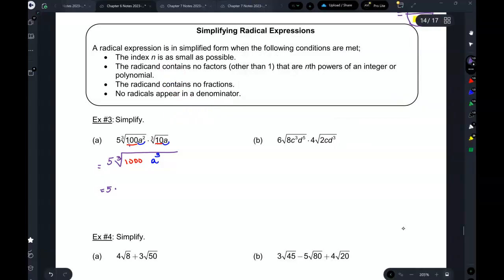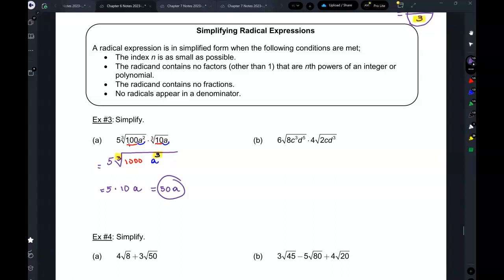So that's 5 times 10 times the cube root of a cubed. That's just a to the 1. Remember, there are many ways of doing that. The easiest way is 3 divided by 3. That gets you a 1. There is no even-odd situation.